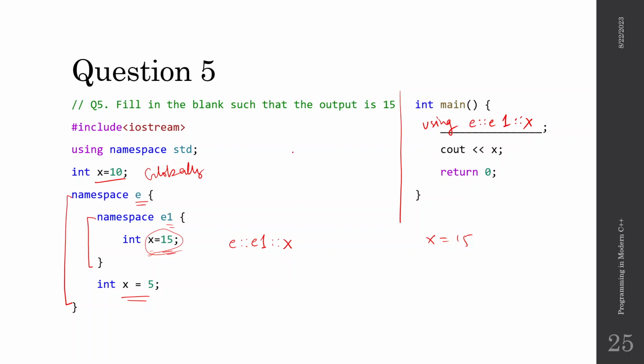This will ensure that it uses the value of 15 instead of the global value, which is 10. Okay, now let's proceed.